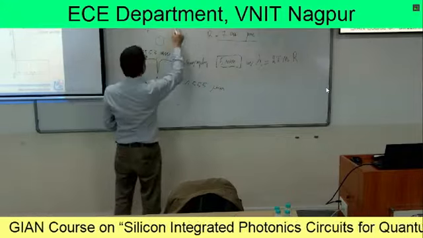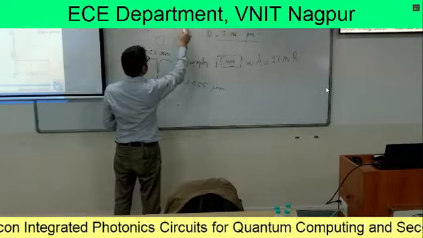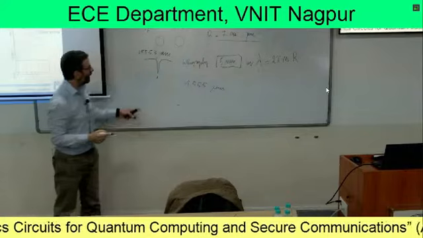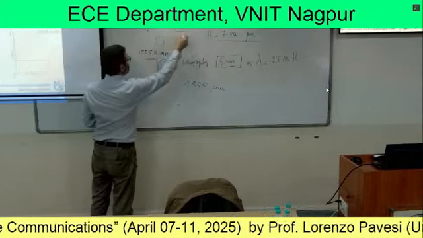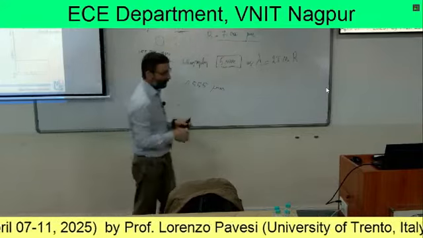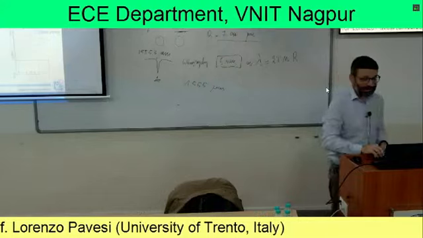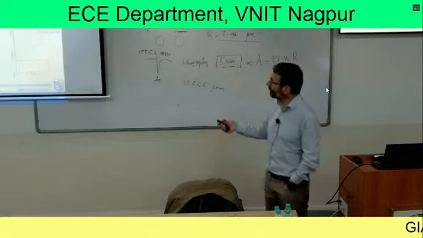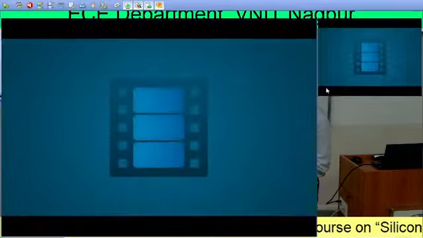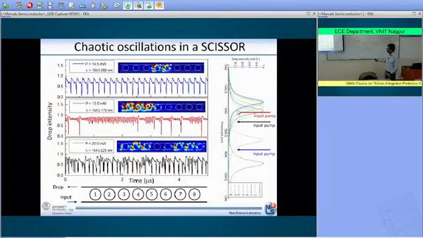But this one has 1,555.8 nanometer. Okay? So a very tiny difference. But from a spectral point of view, we are very sensitive to those differences. And so they have resonances that happen at slightly different wavelengths. And this is what you observe. So this is the wavelength, and this is the transmission spectrum. And you see that in the transmission spectrum, each one of these rings, even though they are nominally equal, because of this lithography resolution, has a different resonance.